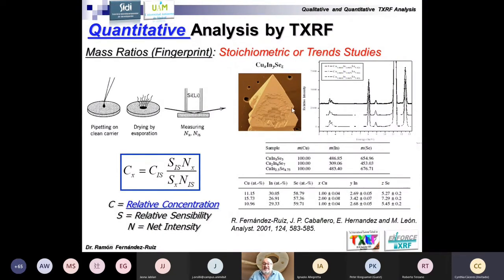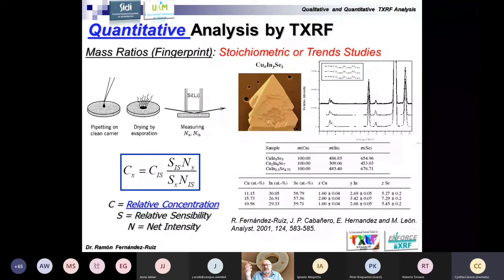In this case, for example, it's a special material of a solid solution, very, very difficult to dissolve in acid digestion, because there are problems with indium, evaporation, selenium, or it's a complex sample.